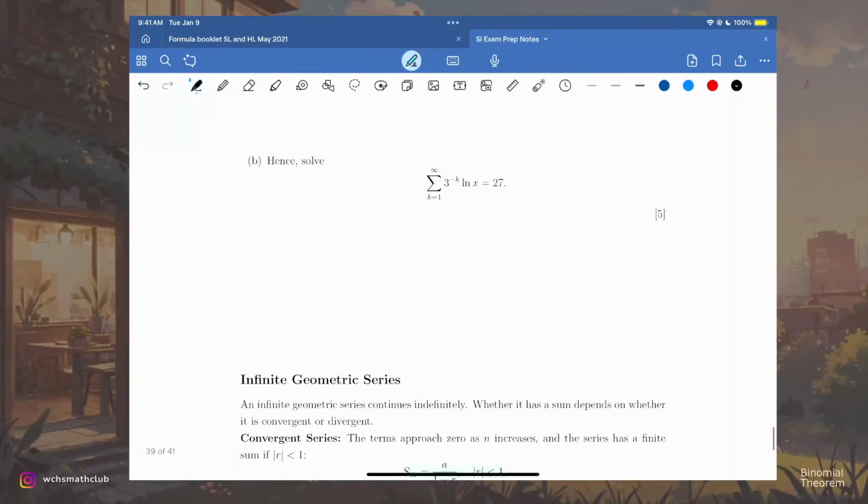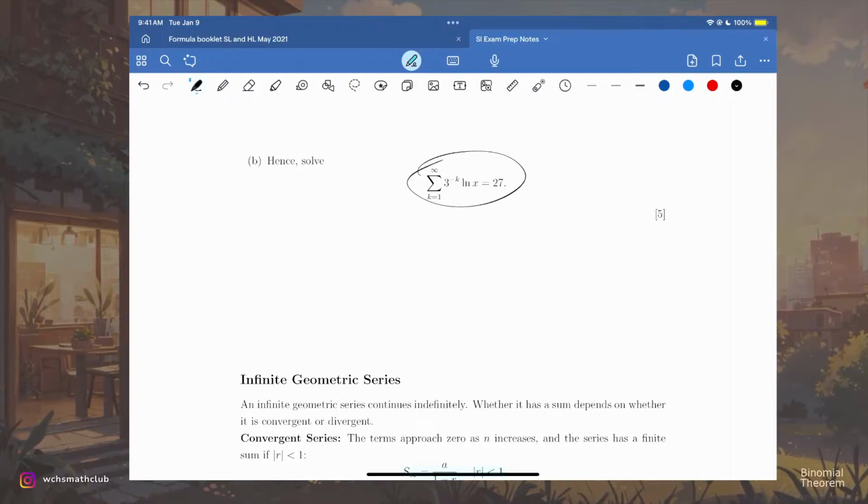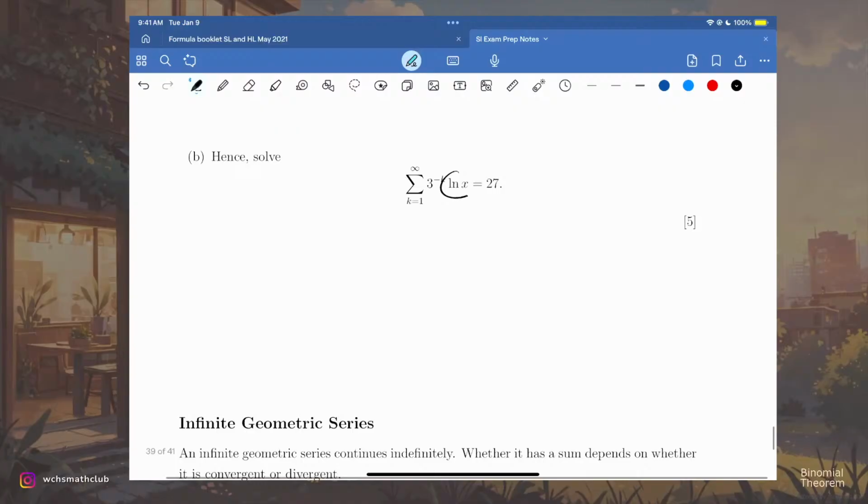So for this one, solve this expression equals 27. For the first step, we can take the ln x out because it is a constant.